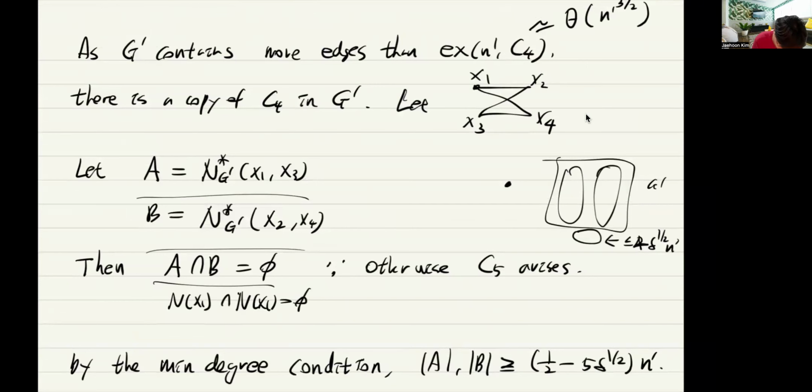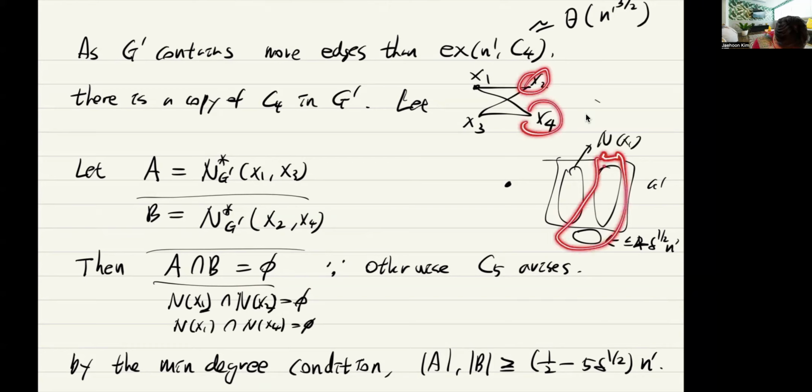And in the same way, so this is like 1, 2. The intersection of 1, 2 is empty, and 1, x4 is empty. So this is the neighborhood of x1. Then the neighborhood of x2 and x4 should be in here. In here, you have 2 sets, and then you take the intersection.